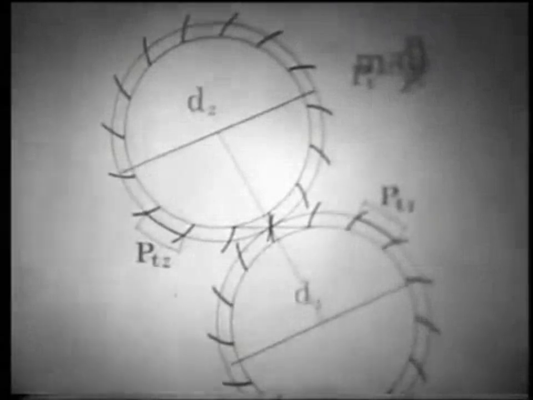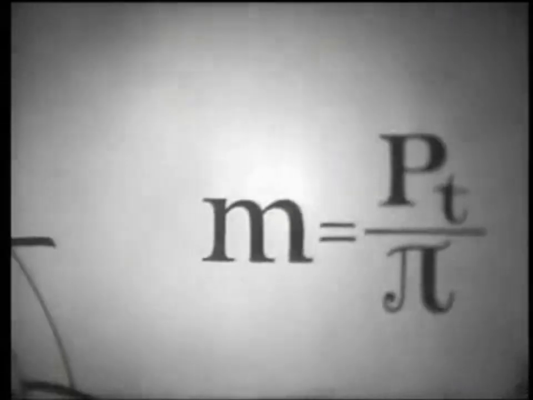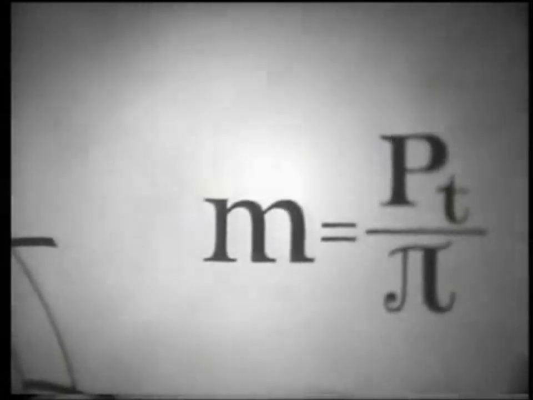This value determines the circumferential module, the main characteristic of the size of the teeth. The diameters of the addendum and dedendum circles limit and determine the height of the teeth. Now let's go directly to the main parameters of gearing.